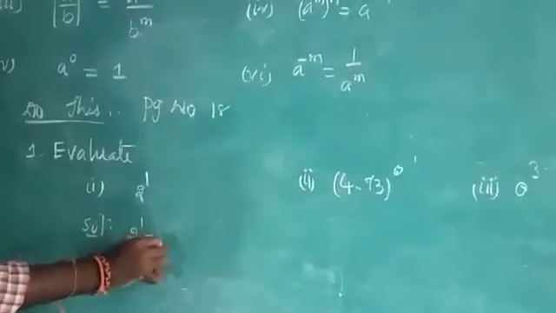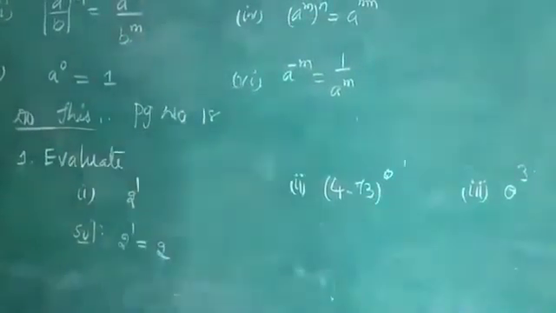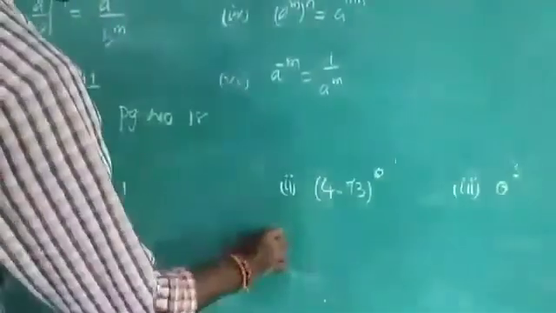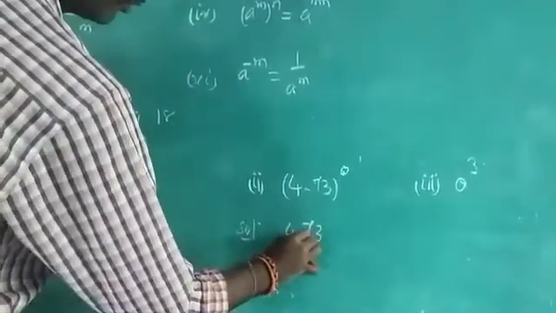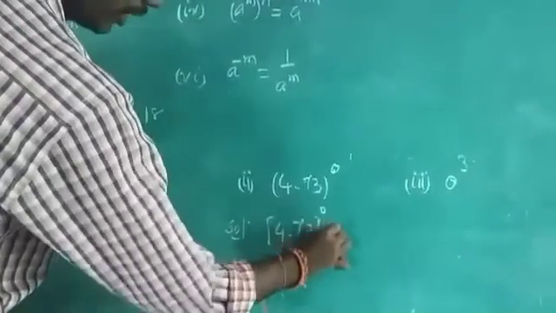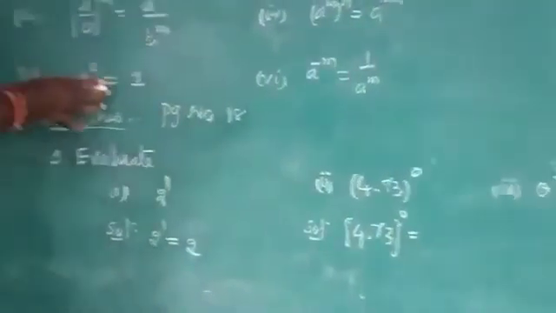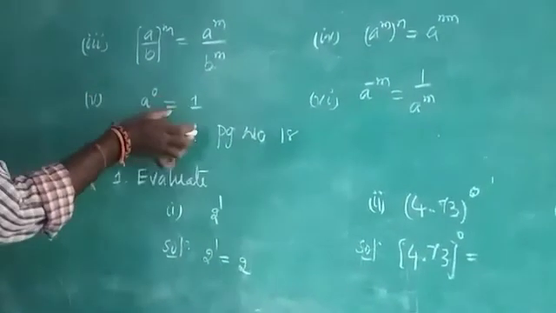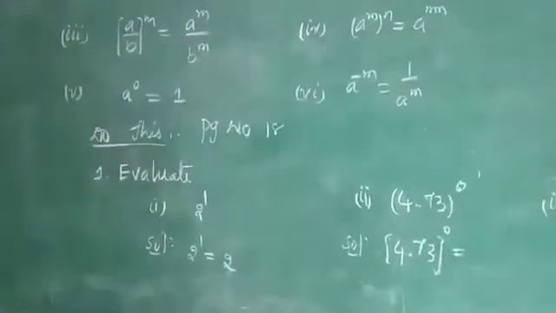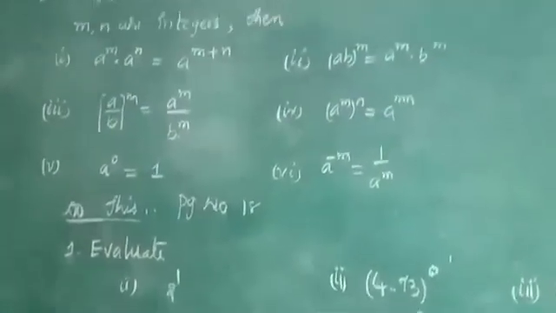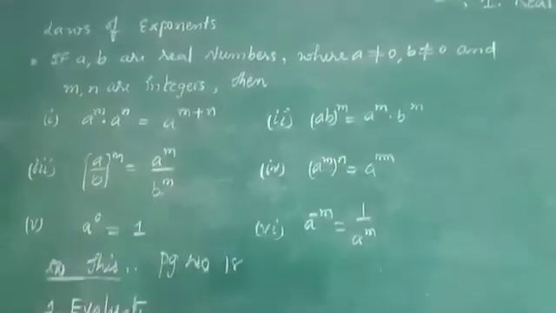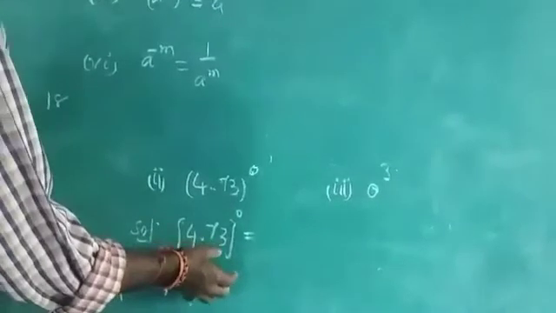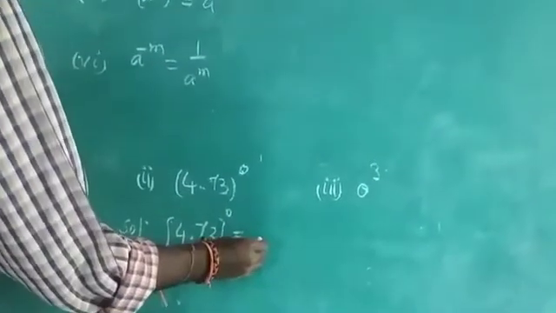What is the value of 2 to the power of 1? 2 only, right? Then what is the answer of (4.73) whole to the power of 0? Observe this one: a to the power of 0 is equal to 1, which means anything to the power of 0 is 1. So (4.73) to the power of 0 is 1.